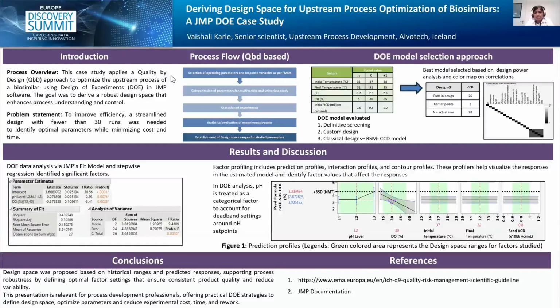If we see the pH, DO, initial temperature, final temperature, and CDVCD are quite stable, not having much effect on the HHL, but the DO percentage is showing as the most significant factor, which is crucially impacting our output parameter, and pH as well.